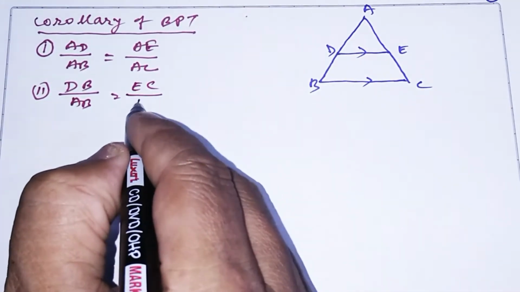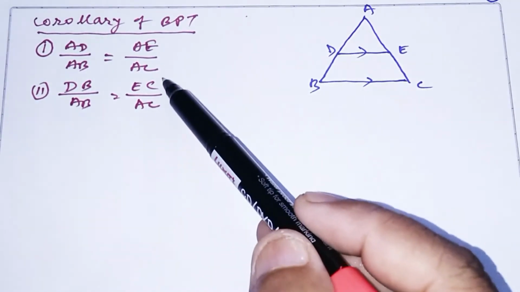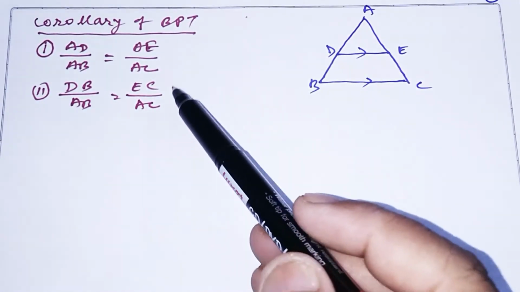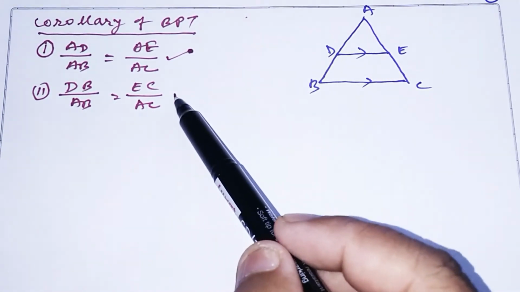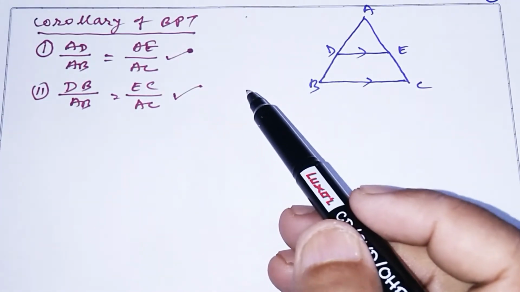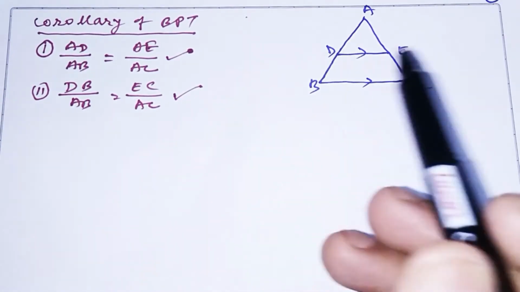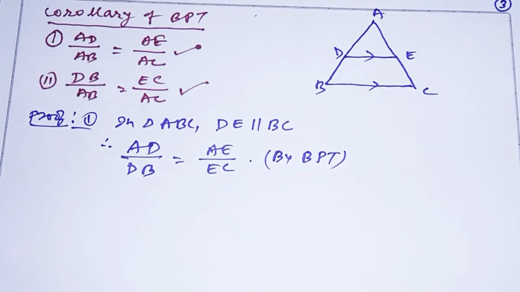So if we know these two corollaries, then by using BPT we can directly use these results in finding the solution in a sum. Okay, now we'll go to the proof one by one. So this result we already know.